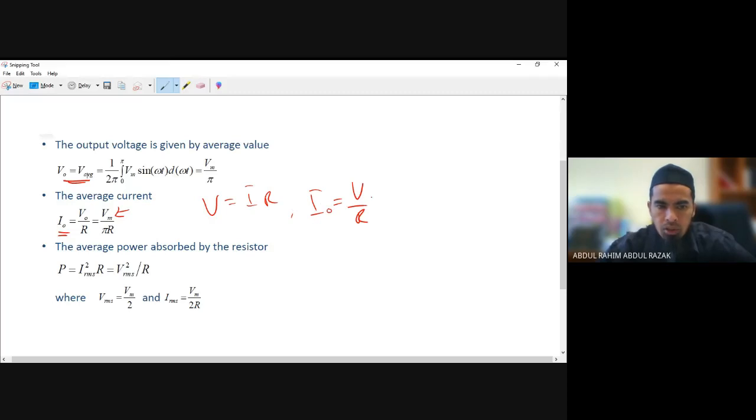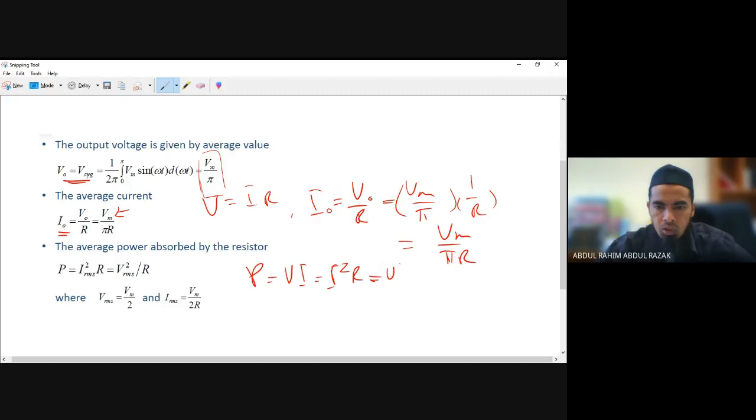You insert the initial values from just now, which is Vm over pi times 1 over R, so it becomes Vm over pi R.